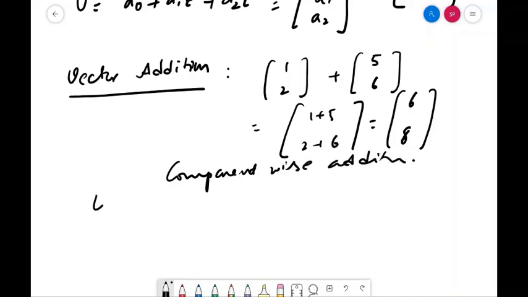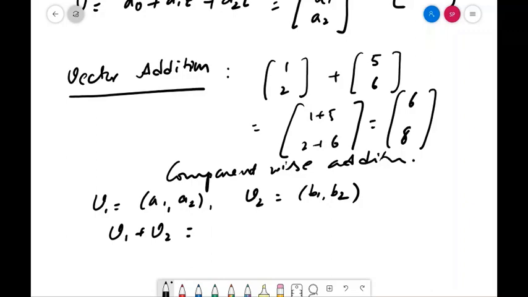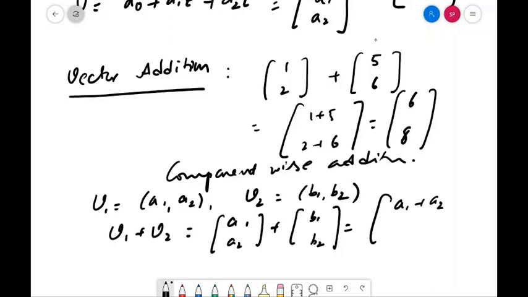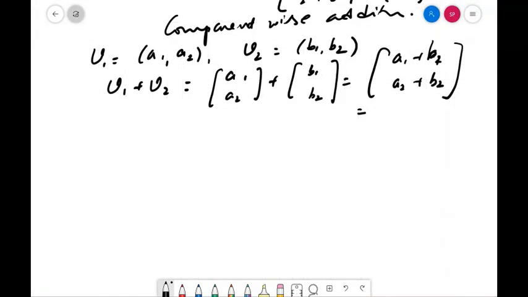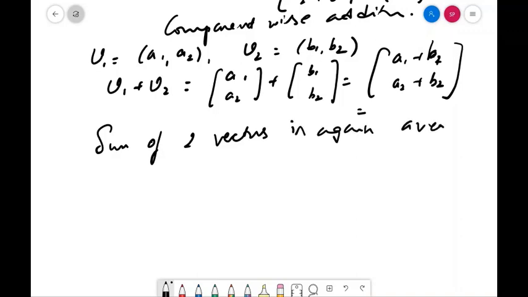So if I have vectors V1 equal to A1, A2 and V2 equal to B1, B2, then V1 plus V2 is the column vector A1 plus B1 and A2 plus B2, which is again a vector. That means the sum of two vectors is again a vector.